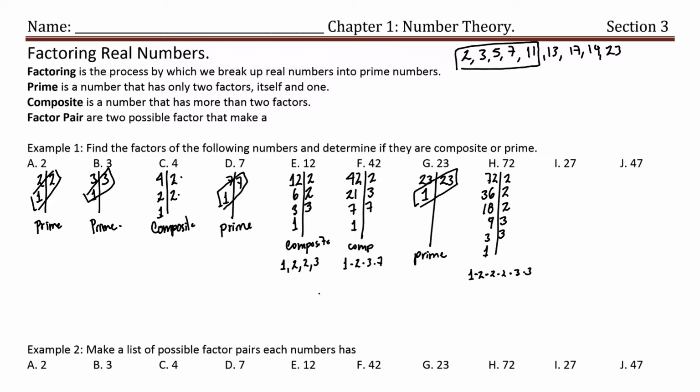Now, obviously, by this point, you can kind of see the pattern. 27 cannot be divided by 2, but it can be divided by 3. So the factors are 1 times 3 times 3. I made a mistake there.